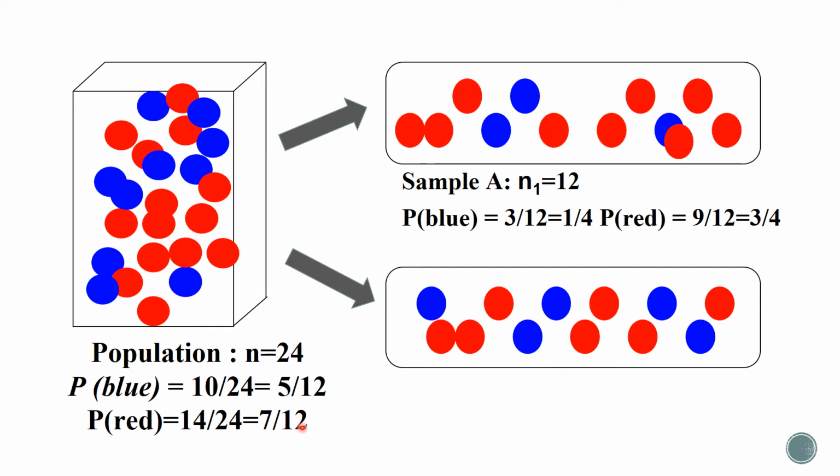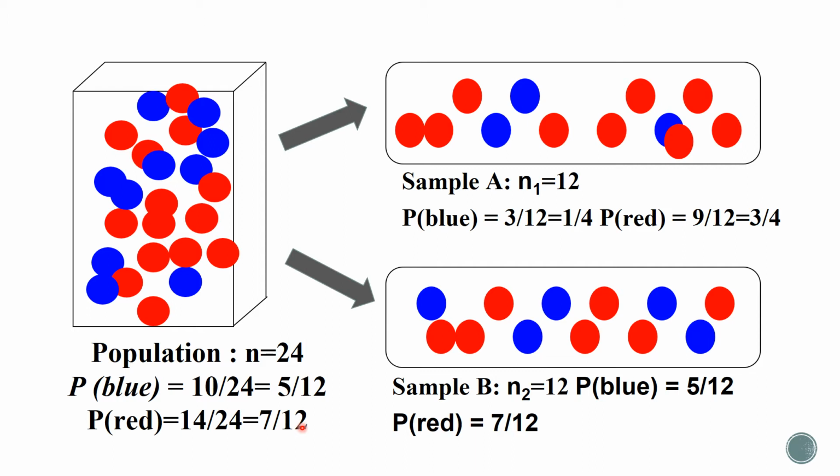And then let's also look for the probabilities of either a red ball or a blue ball in the second sample. So we've made two samples out of the original population. With sample B, sorry, this is sample B, not A actually. I will correct it afterwards.